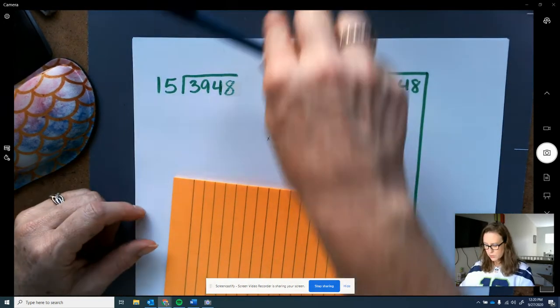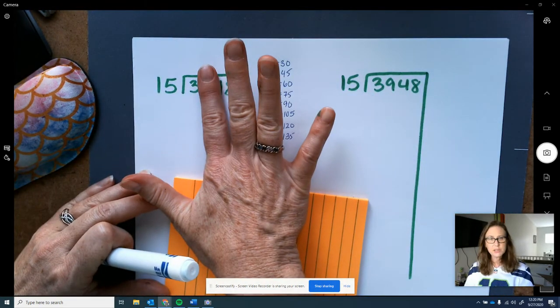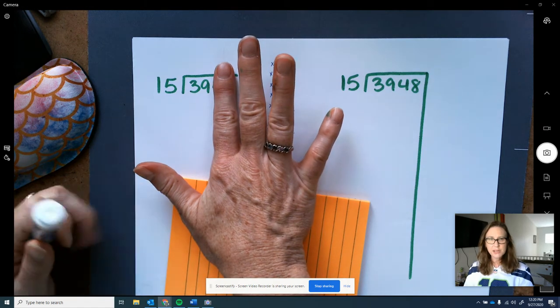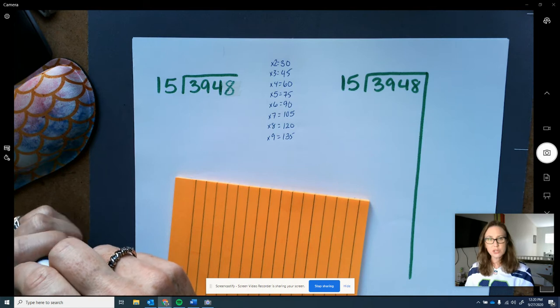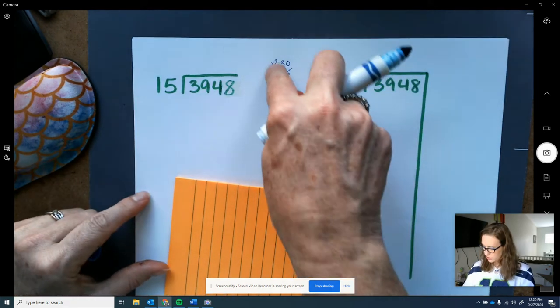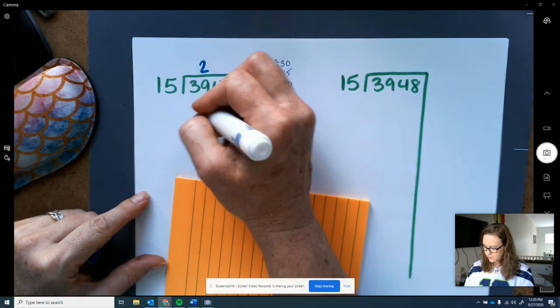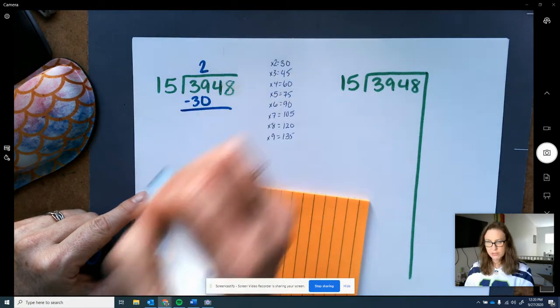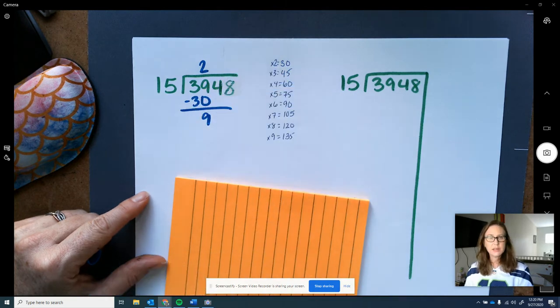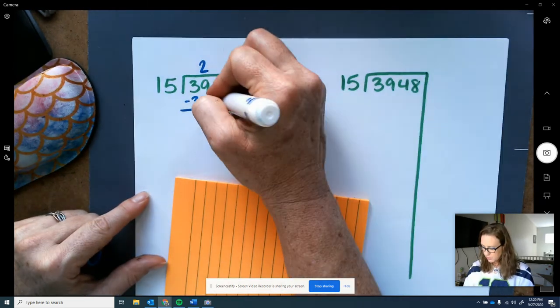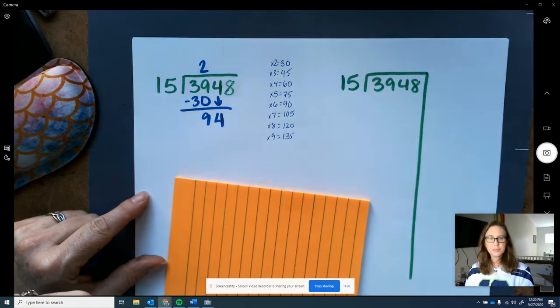All right. So to do this one, 15 doesn't go into 3, but 39 is bigger than 15. So we can look here and think which one gets closest to 39 without going over. Well, the 2 does. So we're going to say 2 times 15 is 30, and we're going to subtract that 30. 9 minus 0 is 9. 3 minus 3 is 0. I'm only going to bring down the 4.